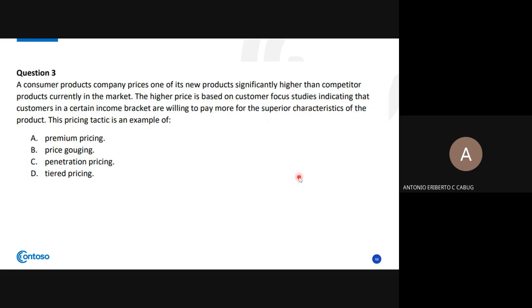Anyway, next. What about this one? A consumer products company prices one of its new products significantly higher than competitor products currently in the market. The higher price is based on customer focus studies, indicating that the customers in a certain income bracket are willing to pay more for the superior characteristics of the product. This pricing tactic is an example of, okay, anong tawag dyan?